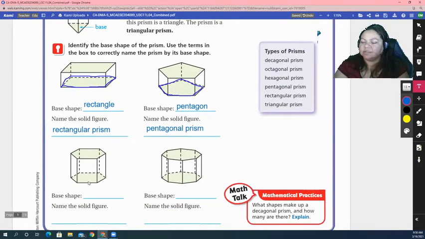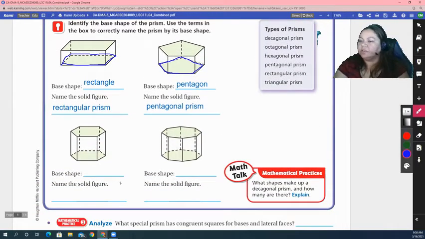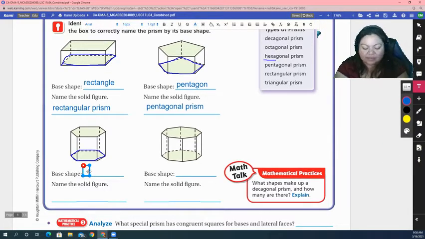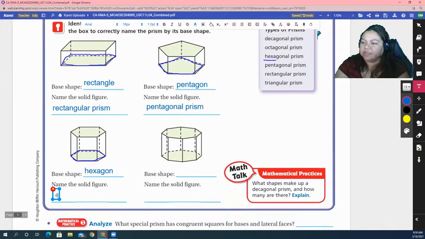Let's move on to the next shape. Let's look at the base. In the base, we have 1, 2, 3, 4, 5, 6 sides. So 6 means hexa. That means that the base is a hexagon. And so the name of this figure is a hexagonal prism.